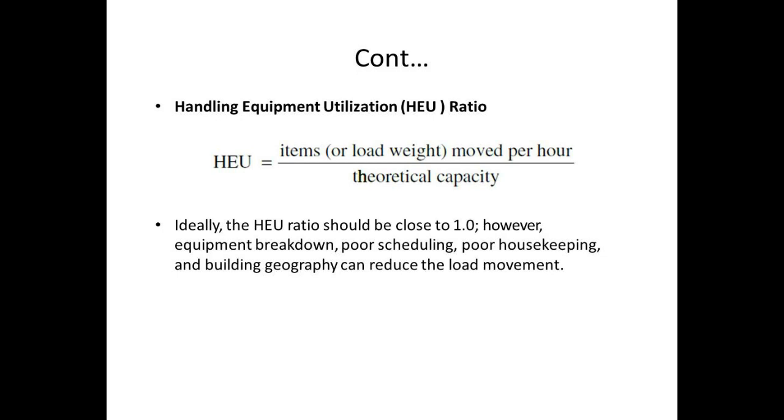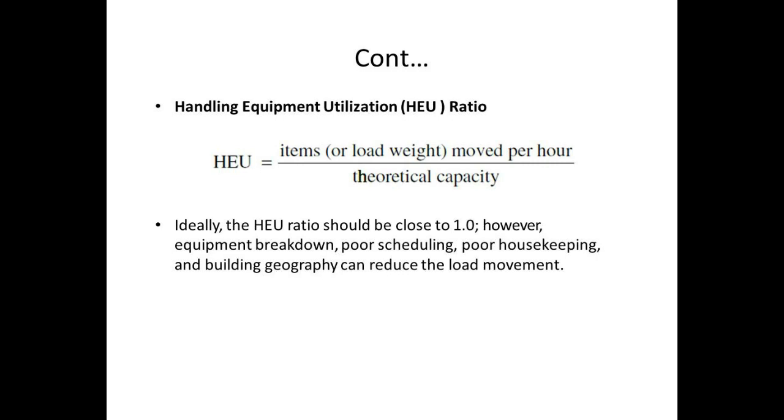There is another parameter you can talk about: the handling equipment utilization. It means the equipment you are using for handling the material, either for moving it from one place to another, or for storage and retrieval. What is the utilization ratio of that?